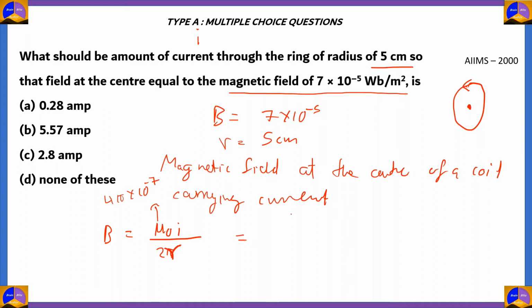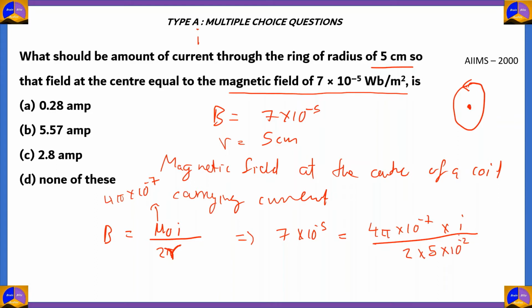So let's plug in the values. Therefore, B, 7 into 10 raised to minus 5, is equal to 4 pi into 10 raised to minus 7 times I divided by 2 into the radius, which is 5 into 10 raised to minus 2 meters.